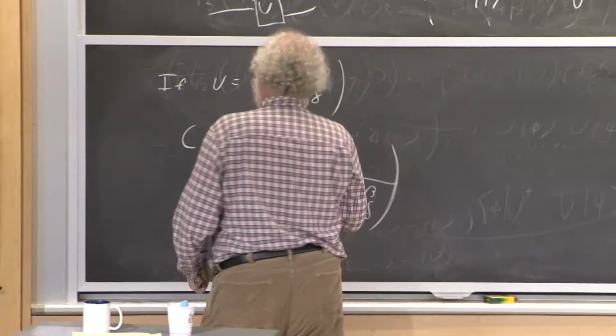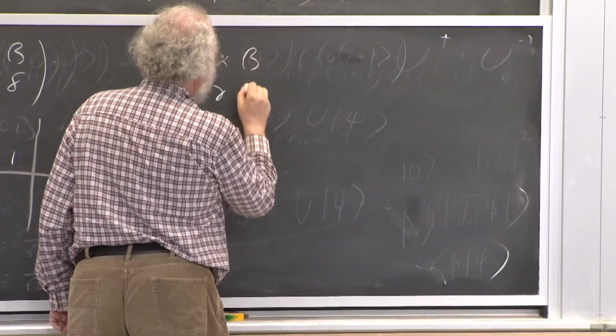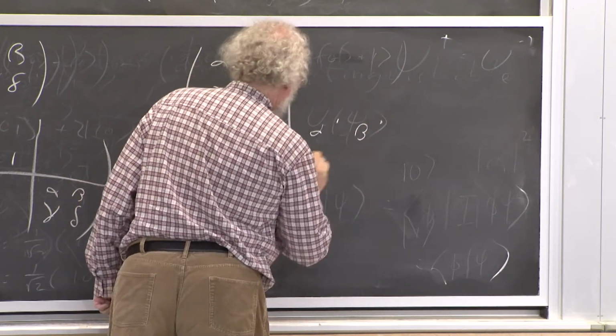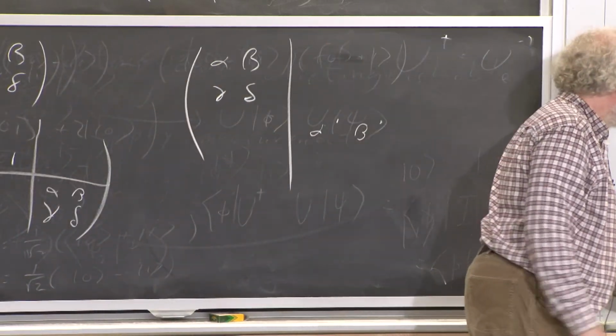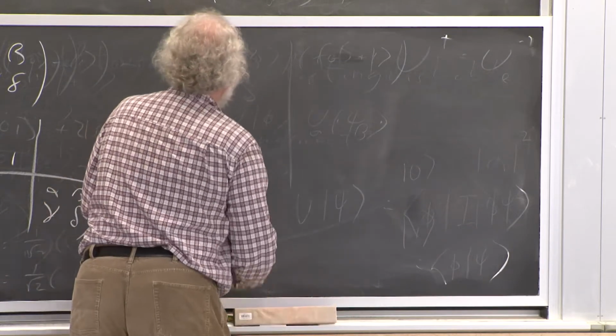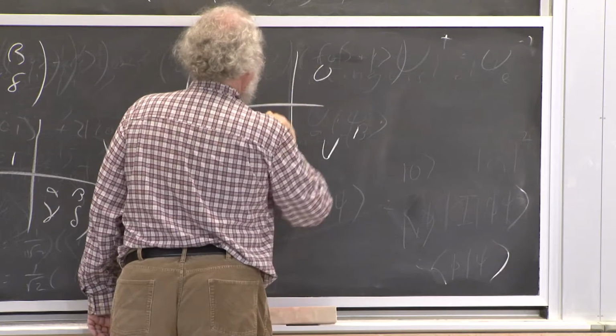So, I mean, alpha, beta, gamma, delta, alpha prime, beta prime. U prime, 0, 0.